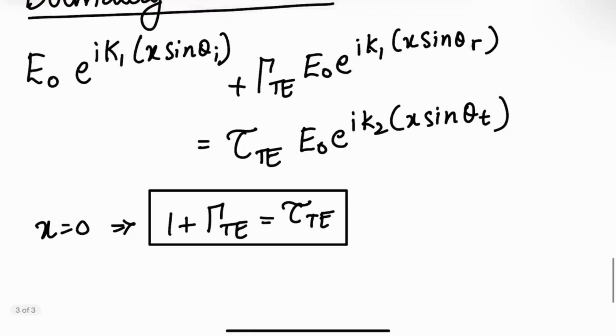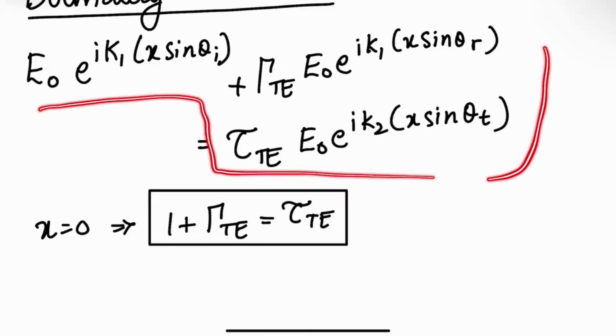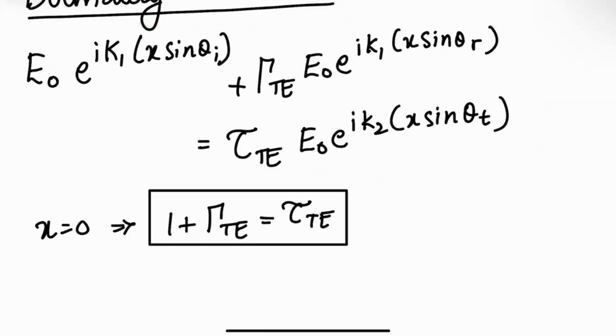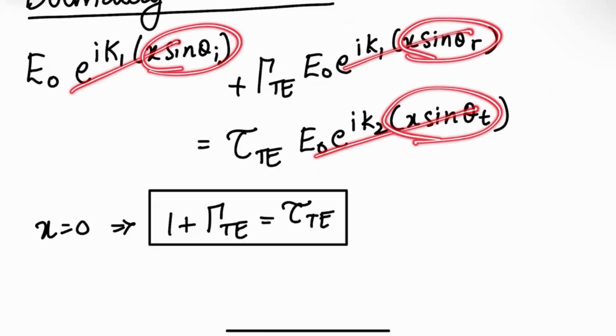Okay, so now for this to be true, we know this is true always. Since this is true always, and we need this equation to be true as well, the only way that can be true for all values of x is if these exponential terms cancel out. So for the exponential terms to cancel out, we need this to be equal to this, to be equal to this.